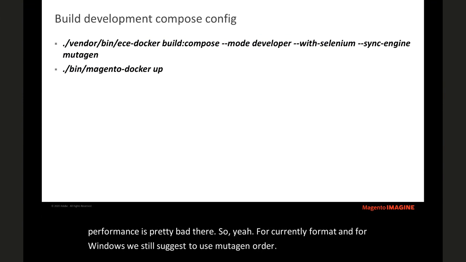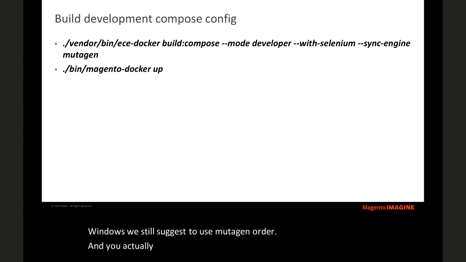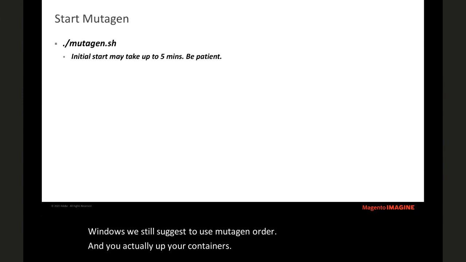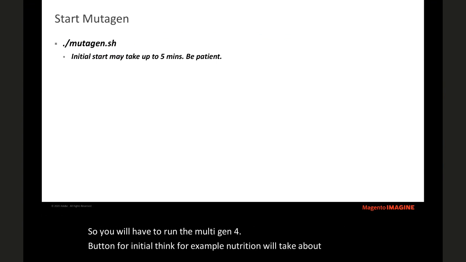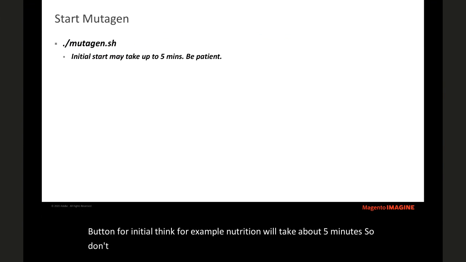And then you bring up your containers. You will have to run the Mutagen or Docker sync, whatever you prefer. But for initial sync, for example, Mutagen will take about 5 minutes, so don't rush and be patient.